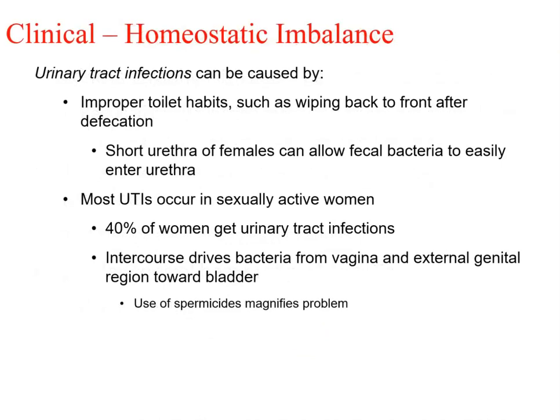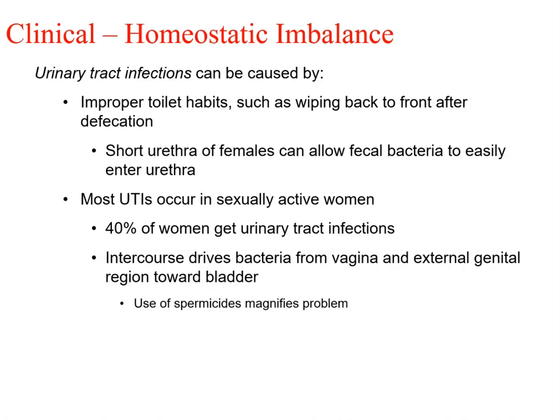UTIs can be caused by improper toilet habits, such as wiping back to front, right? When you wipe back to front, you're introducing E. coli to the urethra after defecation. A short urethra in females can allow fecal bacteria to easily enter, so you should definitely practice good hygiene before and after sex, and going to the bathroom.